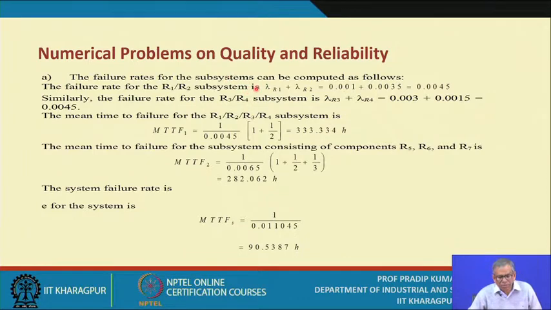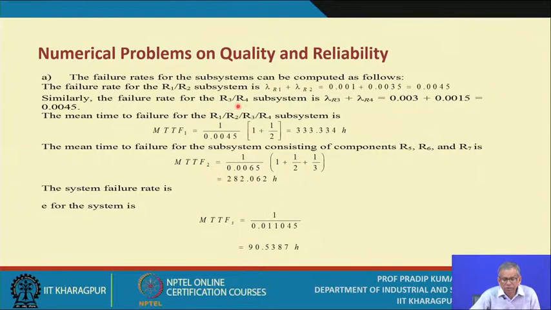The failure rates for the subsystems can be computed as follows. The failure rate for the R1, R2 subsystem is obtained by adding them, so you get 0.0045. When you draw the structure and look at it, you will get the meaning, and why you add these two values of lambda.